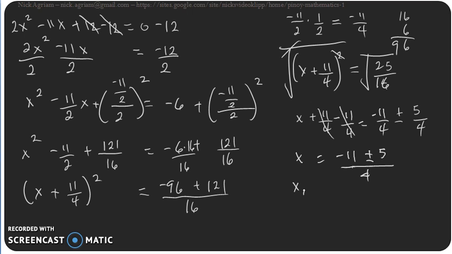So our x sub 1, 6 divided by 4, that is 1.5 again. And our x sub 2 is negative 16 divided by 4, that is negative 4.